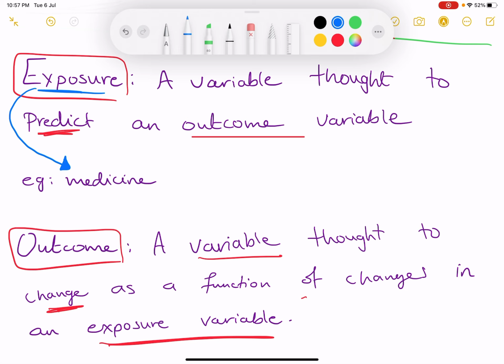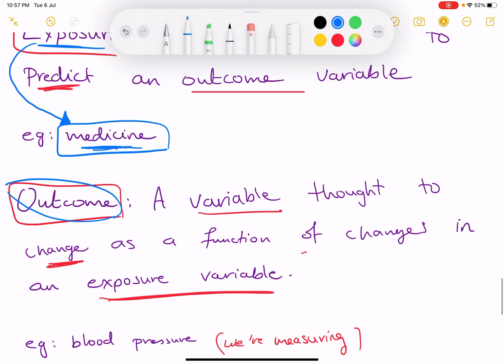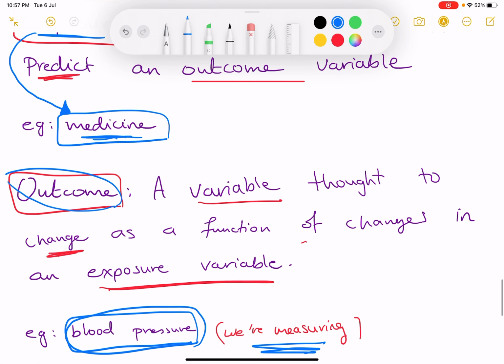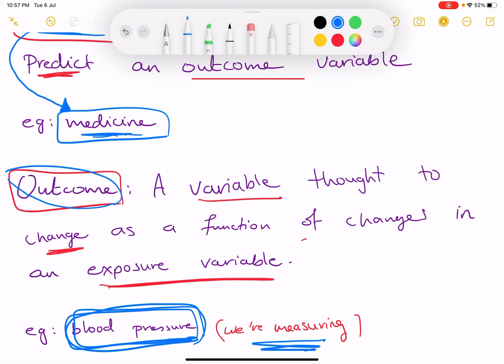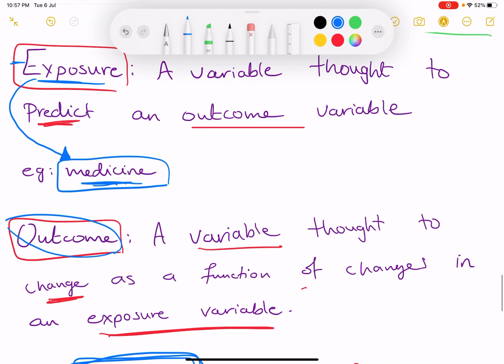Maybe a medicine for blood pressure. So this is the exposure. Our patients are exposed to medicine, so the medicine is the exposure. And then the outcome is the blood pressure. We are measuring the blood pressure, so it's the outcome. It's changing, and it changes as a result of the exposure.